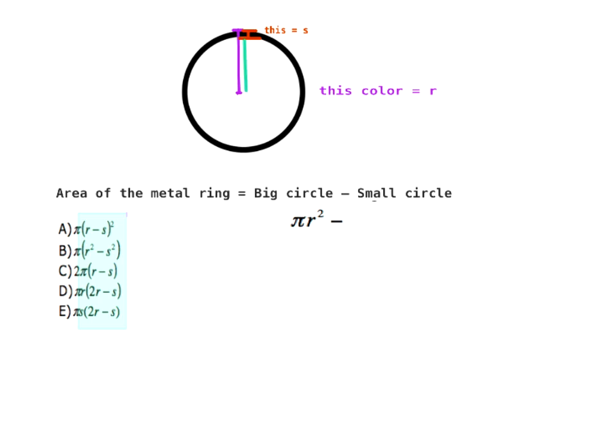So that right there is r subtract s. So r minus s. So it's going to be pi r squared minus pi times r minus s, quantity squared. So you're going to wind up with something that looks like this.